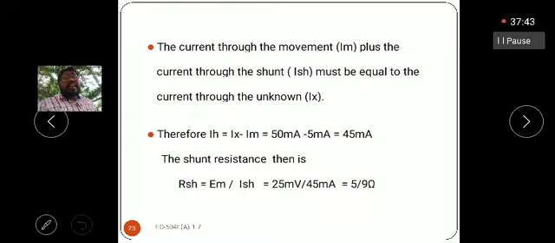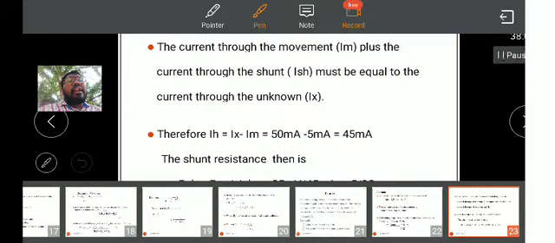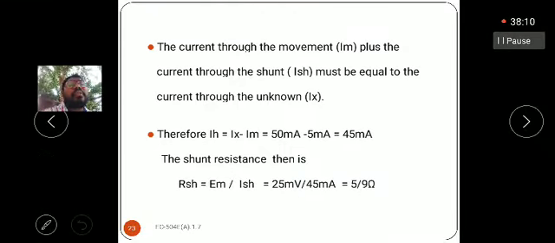The shunt current is Ix, the unknown resistance current of 50 milliamps, minus the meter current of 5 milliamps. Then the total shunt current is equal to 45 milliamps.